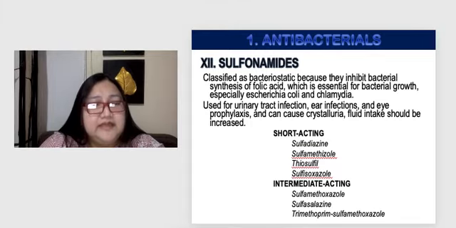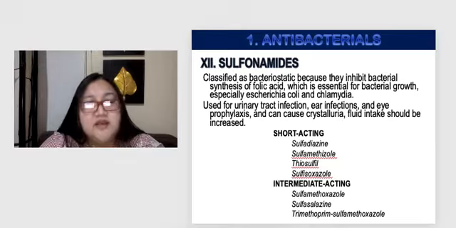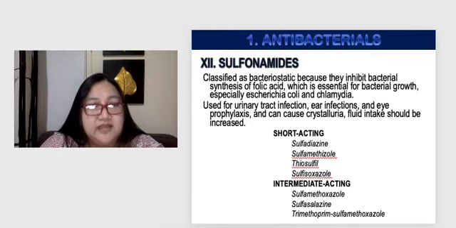Okay? Vitamin B9 is acquired through our diet. It is required for biosynthesis of RNA, DNA, and protein. So, hindi siya pwedeng ibigay lalong-lalo na sa mga buntis because a pregnant woman needs folic acid, needs vitamin B9. Kasama yan sa mga pregnancy vitamins niya.